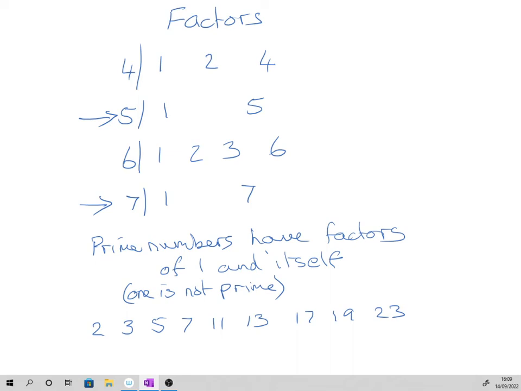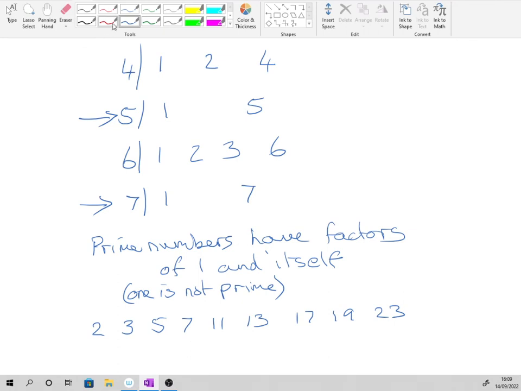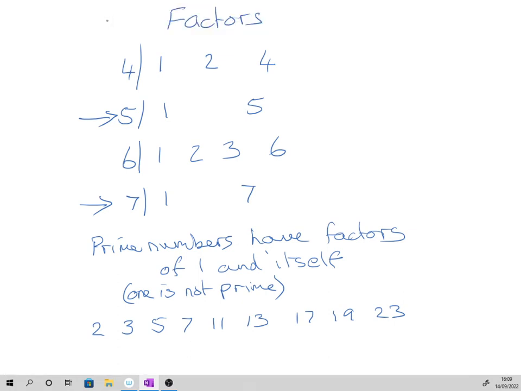Now if I go back to these factors, because 1 doesn't count, if I ring round all the prime numbers, yeah, these are what are called prime factors. They are factors of a number, but they happen to be a prime number.